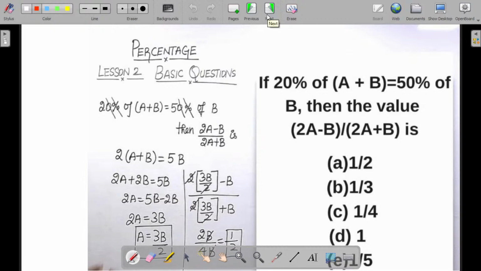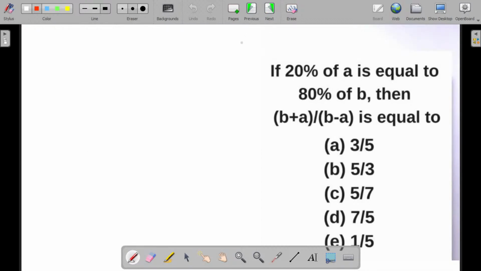Then next question. If the 20 percentage of a is equal to 80 percentage of b, then find out (b plus a) by (b minus a).